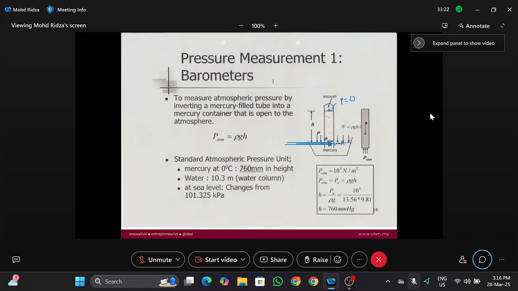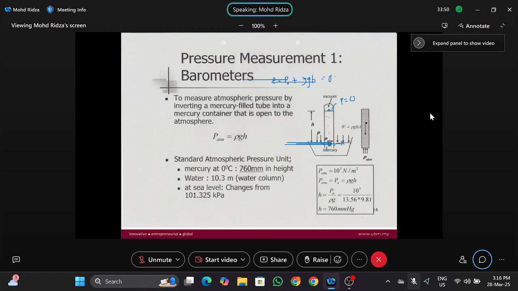Let me call this point 1 here, at the bottom of the container. P1 equals the pressure at the top, which is P vacuum, plus the equation we learned just now, rho g h. P vacuum is 0, plus rho.